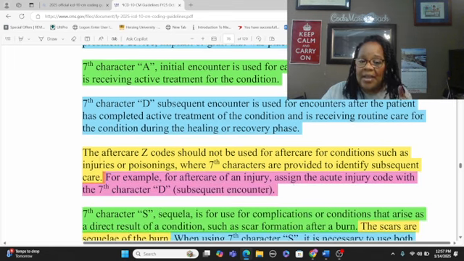Now note, the aftercare Z codes should not be used for aftercare for conditions such as injuries or poisonings, where the 7th character are provided to identify subsequent care.